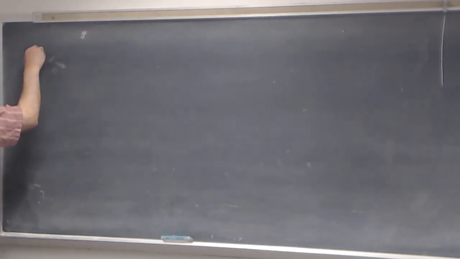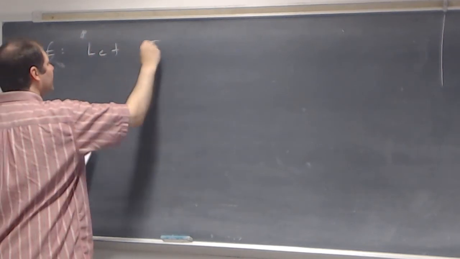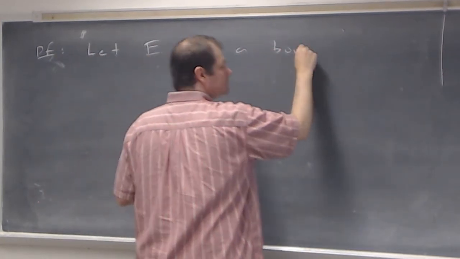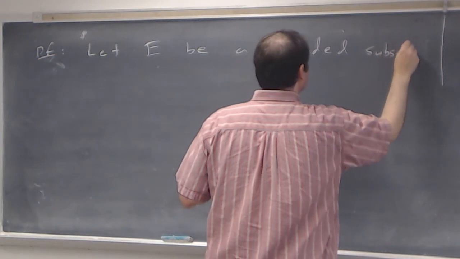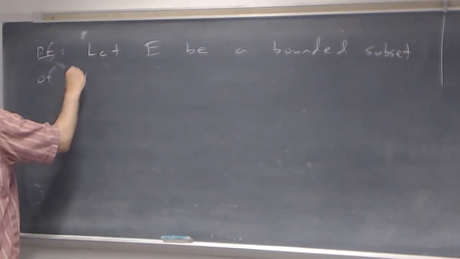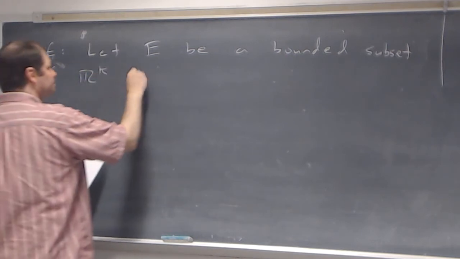Okay, so the proof's not so bad. Here's what it says. Let E be a bounded subset of R^k that is infinite.